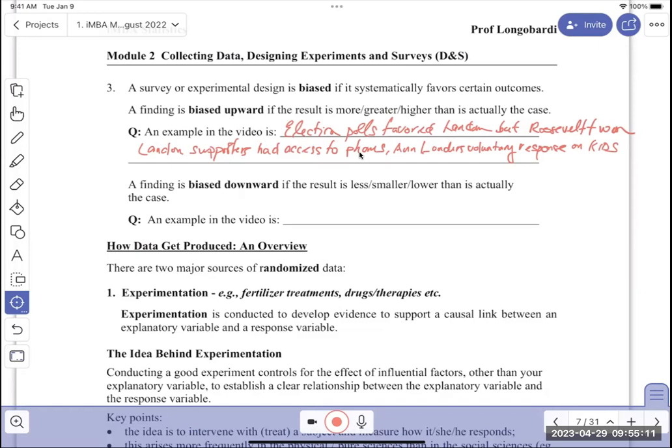All right, so there are some more examples, but let's move on. So downward bias in the video: where did you see examples where the results were lower or smaller than they should have been?